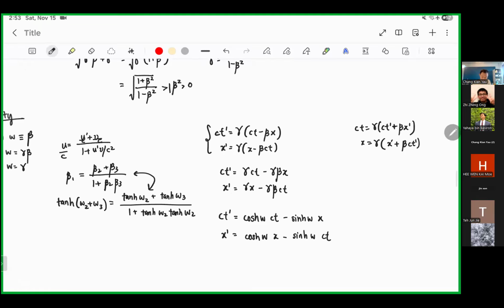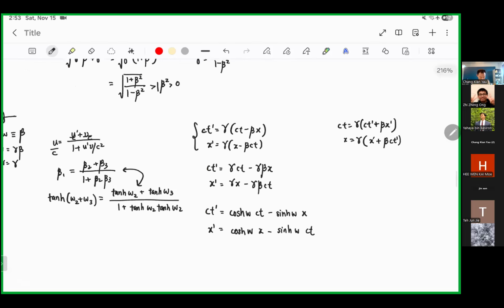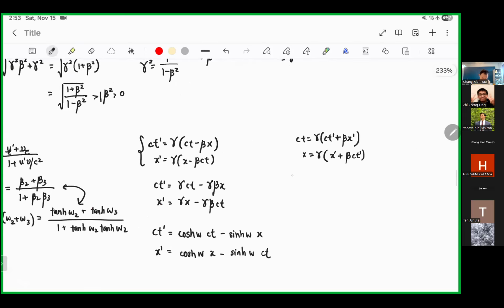If I plug gamma and gamma beta into these hyperbolic trigonometric identities, you will realize you can write a matrix like this.